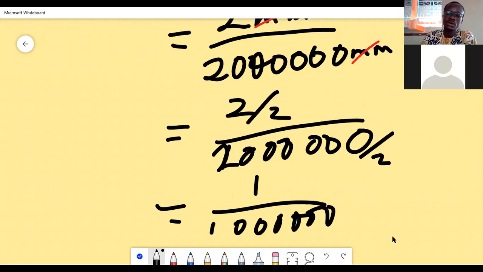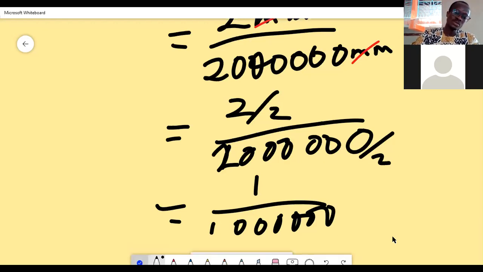So the scale of a map in which an object on the ground is about 2 kilometers in length, if the object on the map is 2 millimeters, is 1 in 1 million.